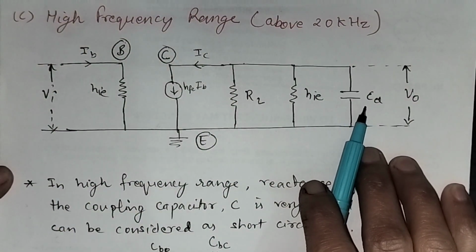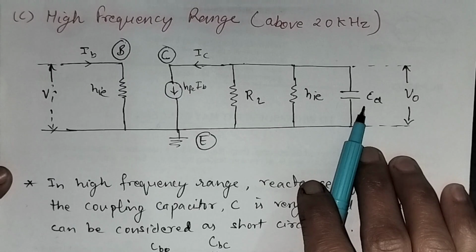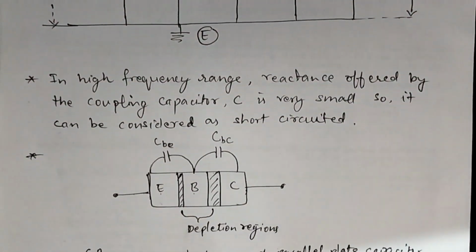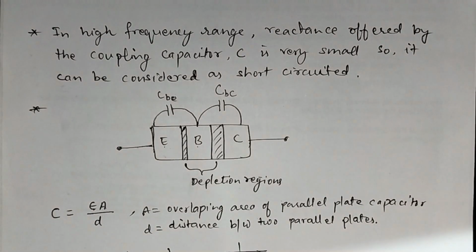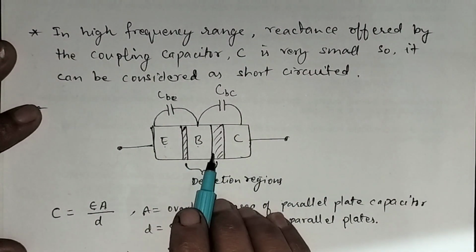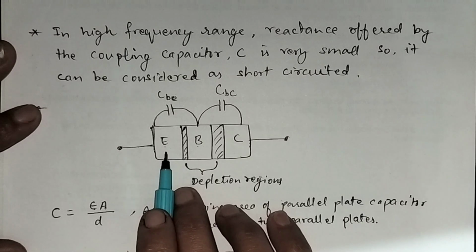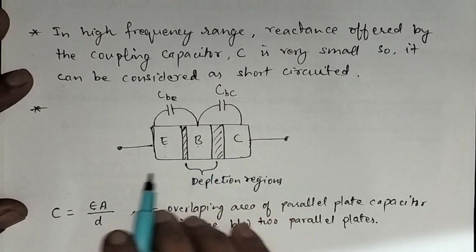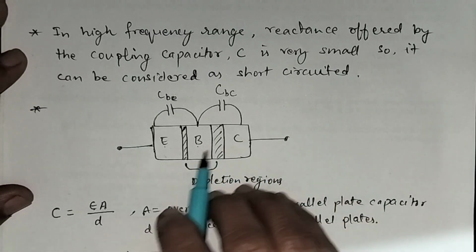This capacitor CD is the combination of the internal capacitance of the transistor and the wiring capacitance. The internal capacitance of the transistor is due to the two depletion layers at the junctions. These layers work as a dielectric and these regions work as parallel plates, so they give rise to capacitors between these regions.